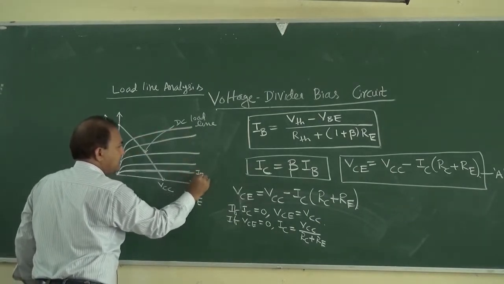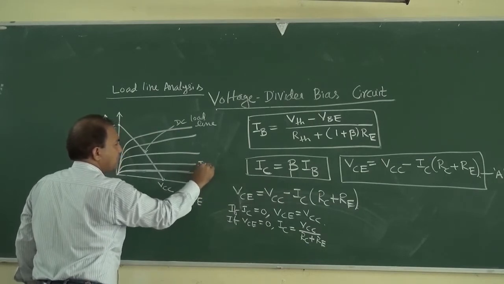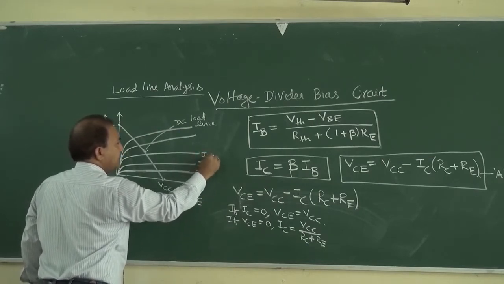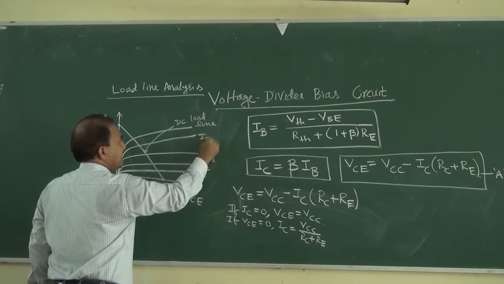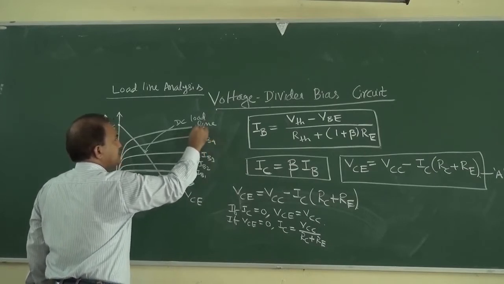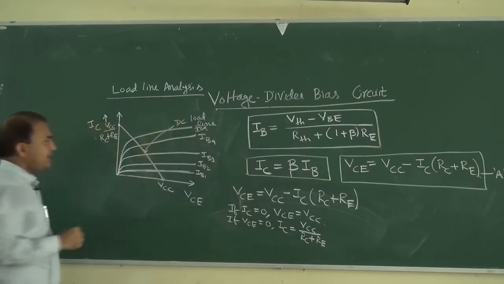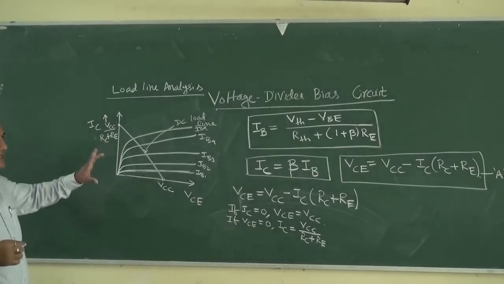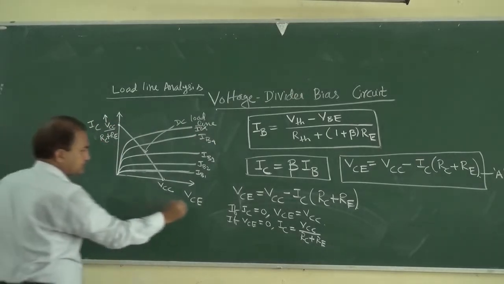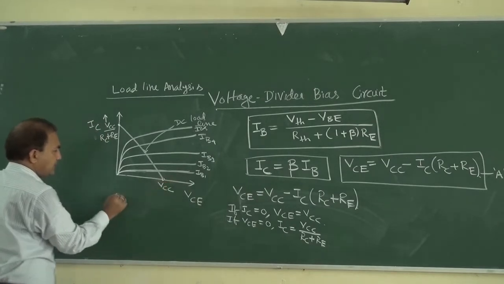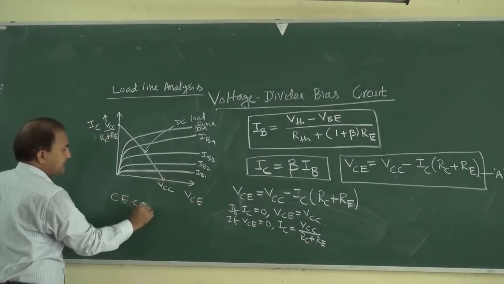Suppose this is IB1, this is IB2, this is IB3, this is IB4, and this is IB5. Okay. So the output characteristics are for common emitter configuration.